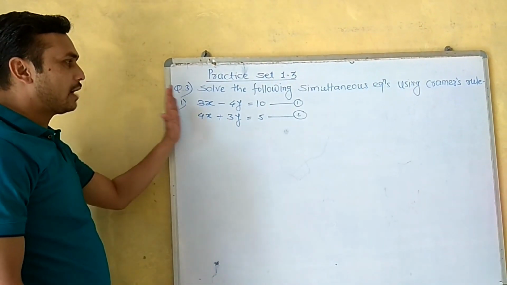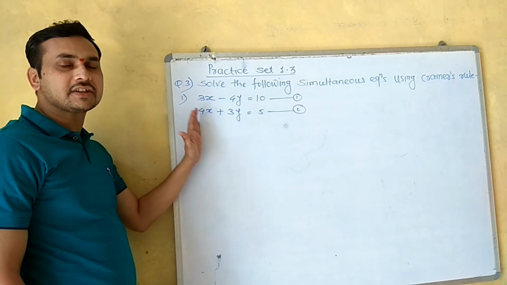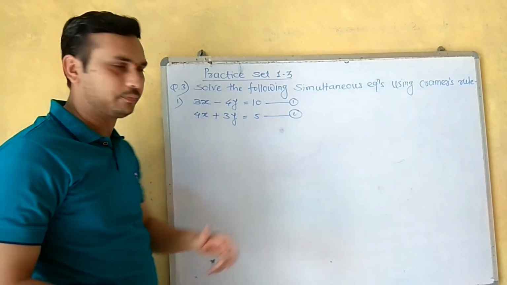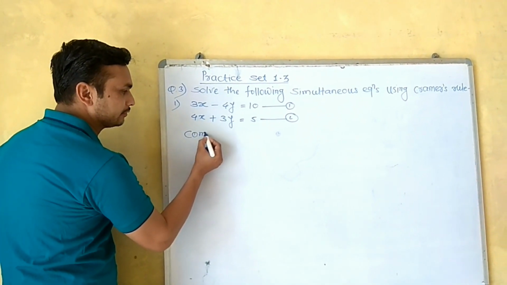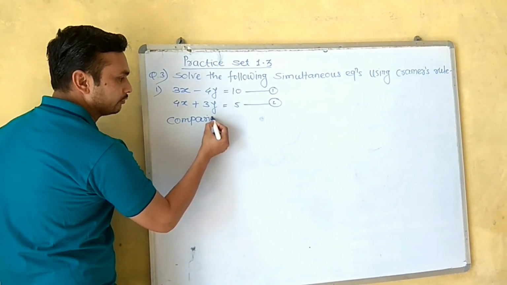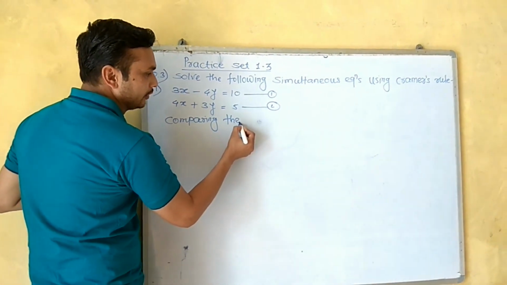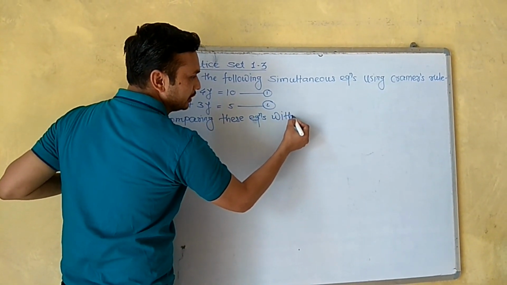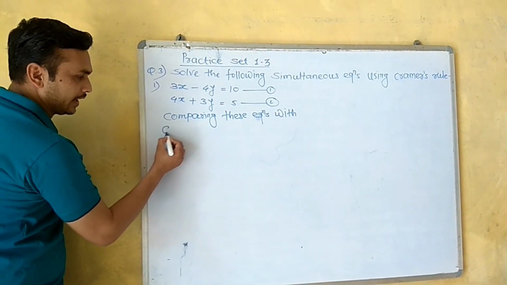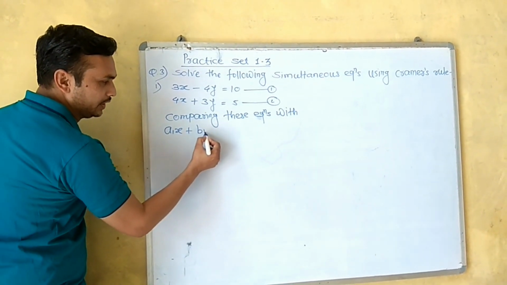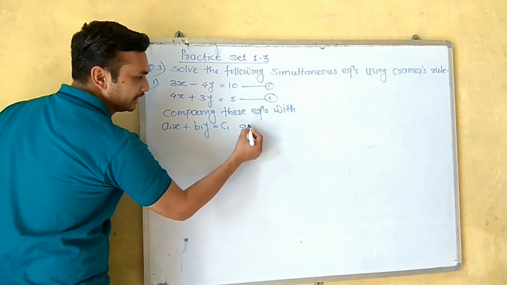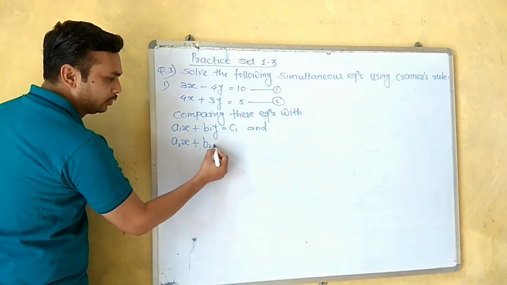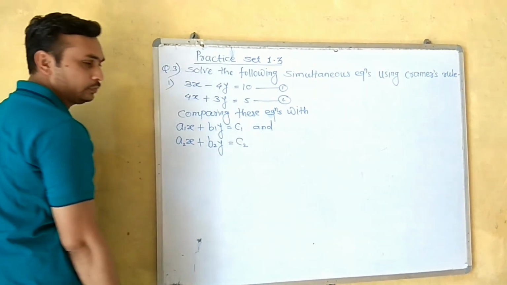Now compare these simultaneous equations with the standard form. So comparing these equations with a1x plus b1y equals c1 and a2x plus b2y equals c2.